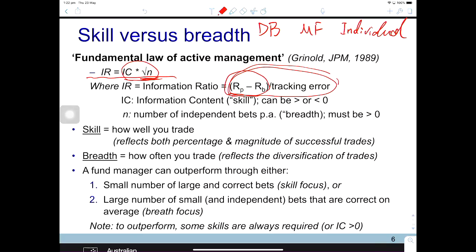If we keep the information content constant, then the larger the number of bets they make in this investment process, and on average they make correct bets, the higher the information ratio they're going to generate.